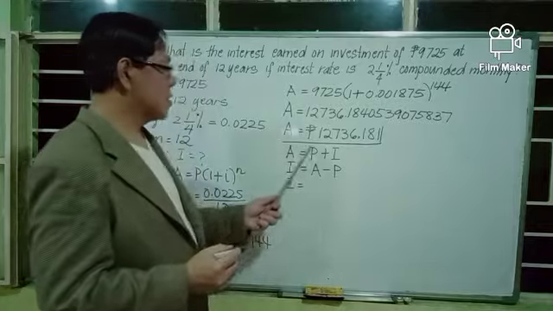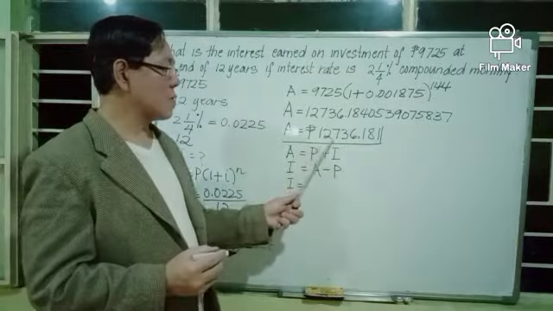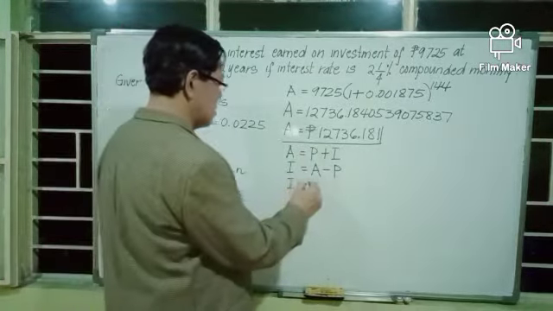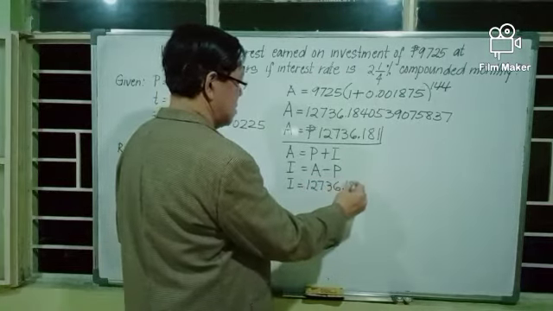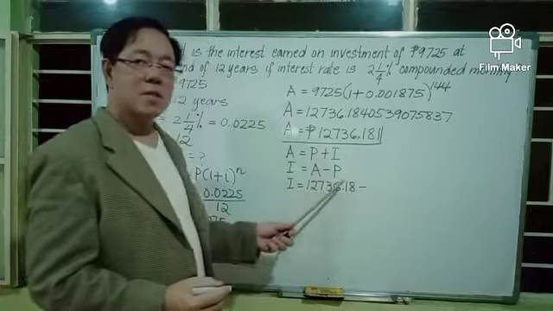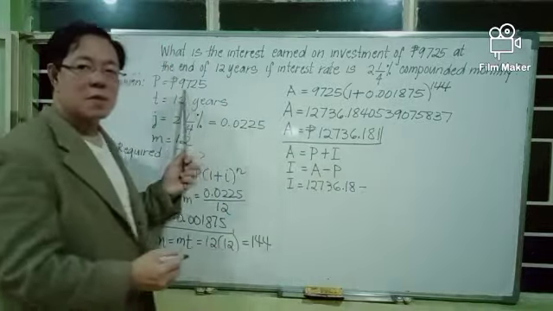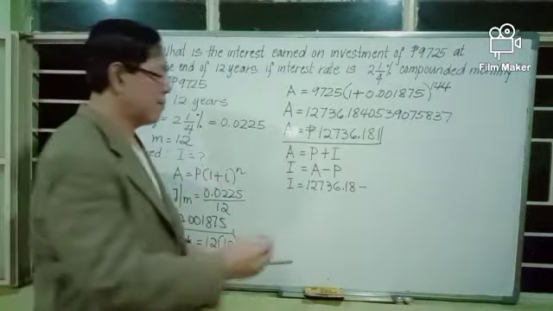And I equals accumulated value 12,736.18 minus the principal of 9,725.